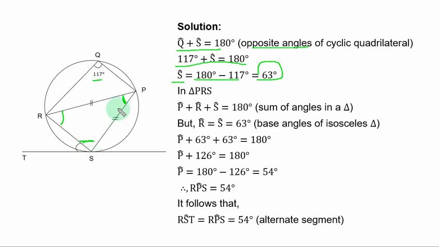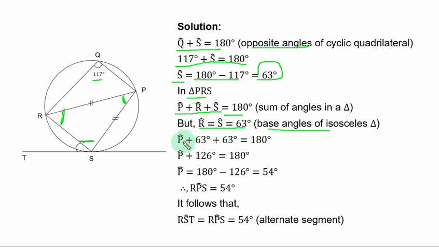In order to get this angle, which is equal to this angle, the two base angles. In triangle PRS, the sum of the three angles is equal to 180 degrees. Angle R is equal to angle S, and both angles are equal to 63 degrees respectively.